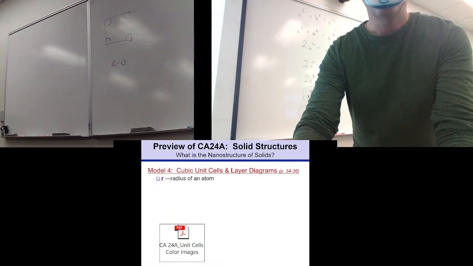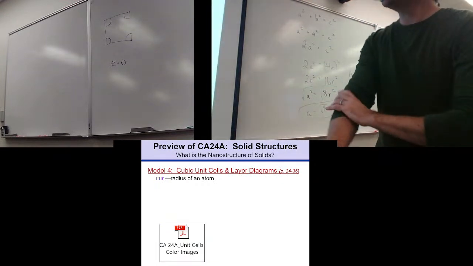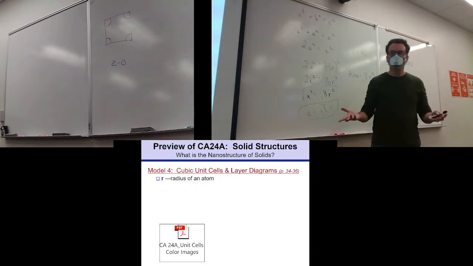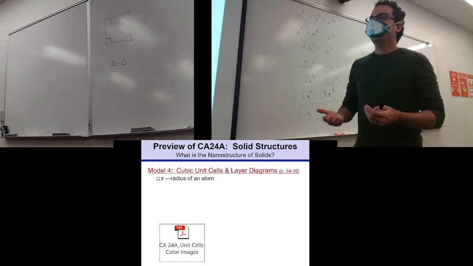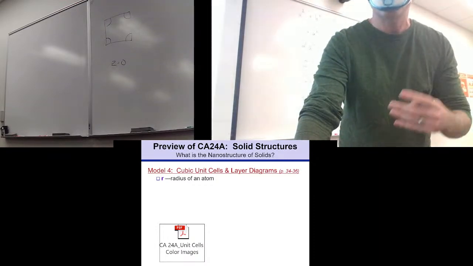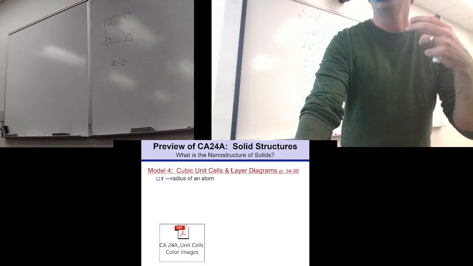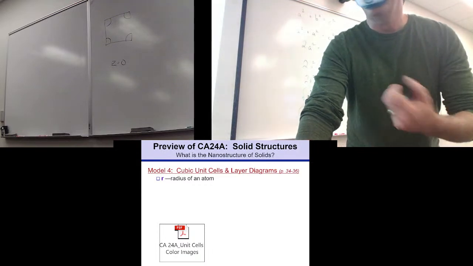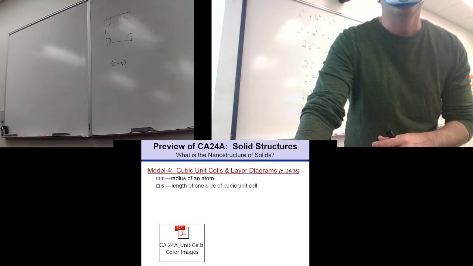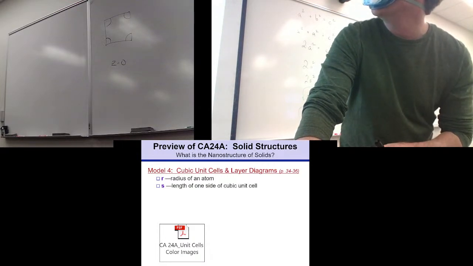All right, so just like before, when we start talking about dimensions, how big these unit cells are, it helps to have the dimensions in terms of what atoms we're using, the radius of the atom that we're making this unit cell out of, this crystal structure. So when you see R, we're talking about the radius of an atom.